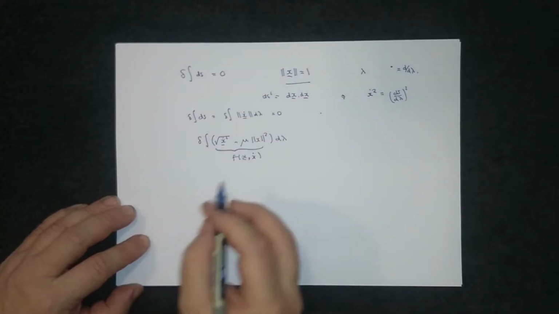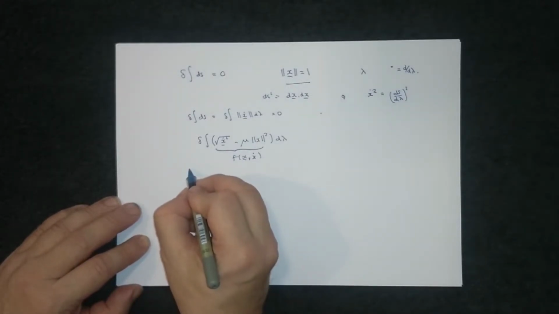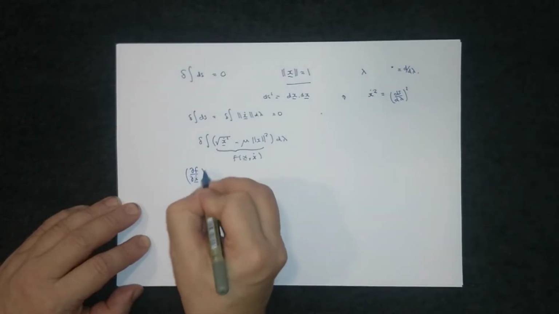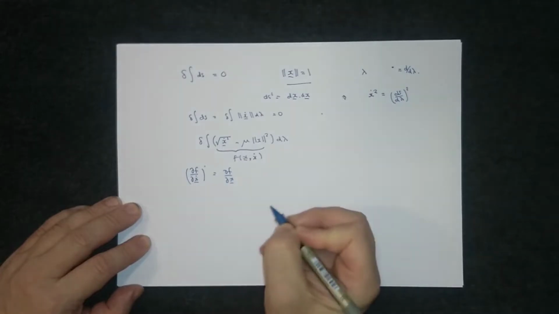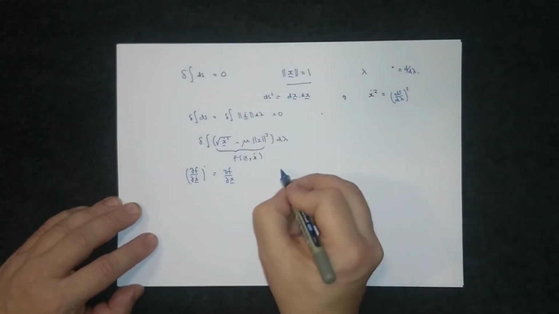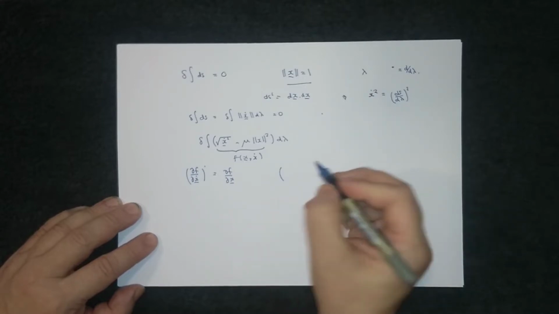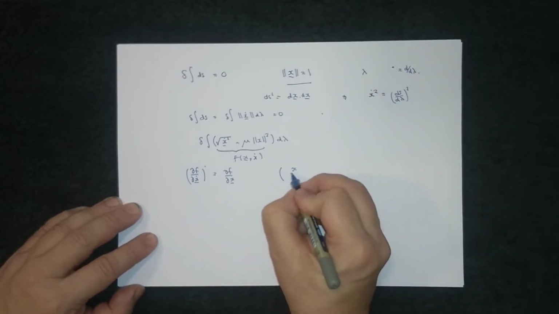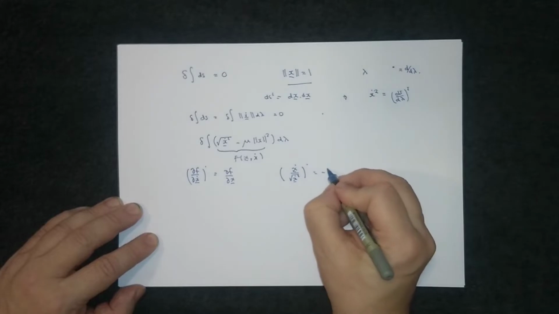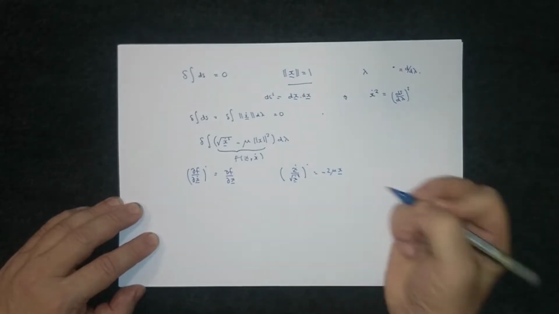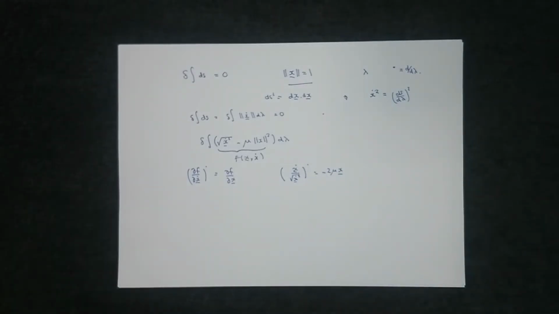The Euler-Lagrange equations tell me that d by d lambda of df by d x dot is df by dx. So that tells me that the total derivative of x dot over root x dot squared is minus 2 mu x.